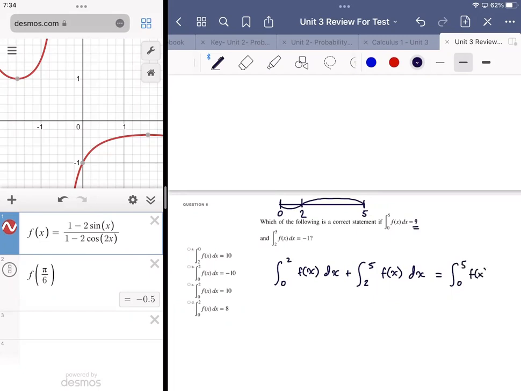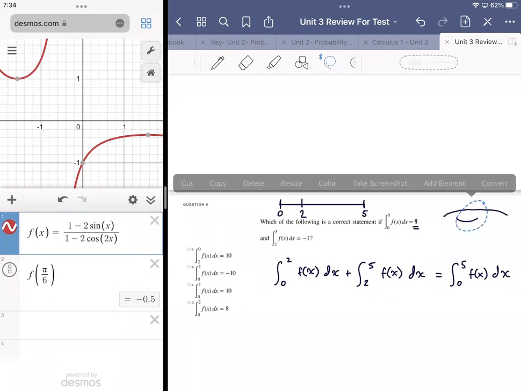f of x dx. No matter how many times I looked at it, it said 2 to 5 here, but I kept seeing 0 to 2. I don't know why. So let me just fix this graph. Oh, it looks like a closed eye.